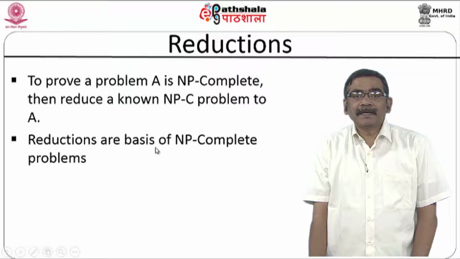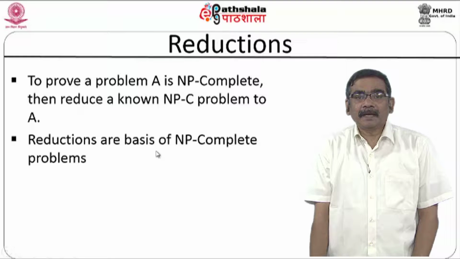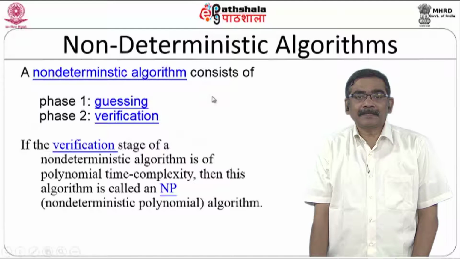In other words, reduction forms the basis of NP complete problems. This is the second pillar. The first pillar is, as we said earlier, that the algorithm must be checked in polynomial time, and the second pillar is reductions. Reduction forms the basis of all the things.